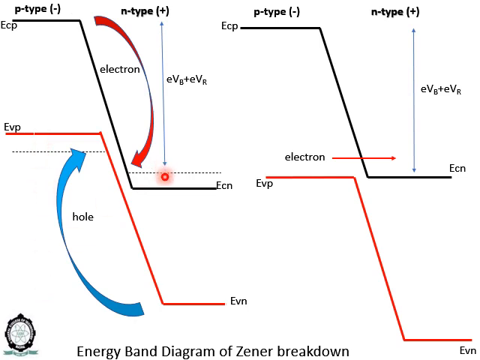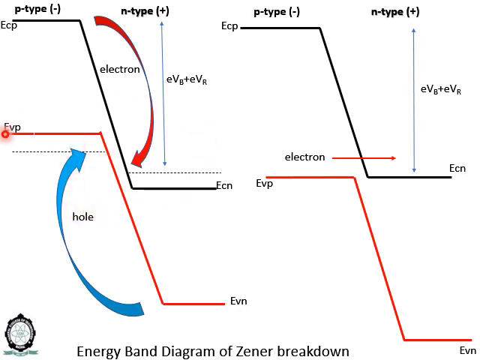So the energy levels of the n side conduction band increase upward, and the energy levels of the p side valence band increase downward.